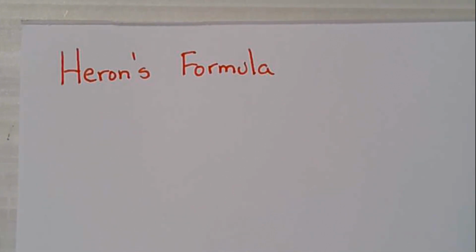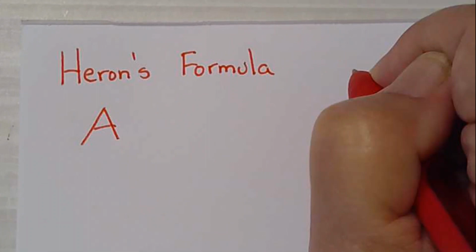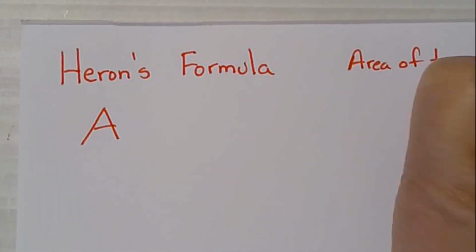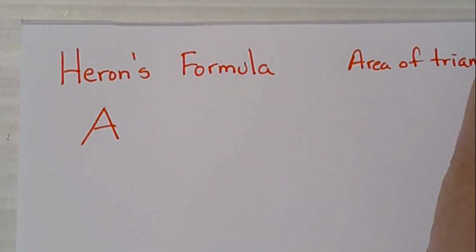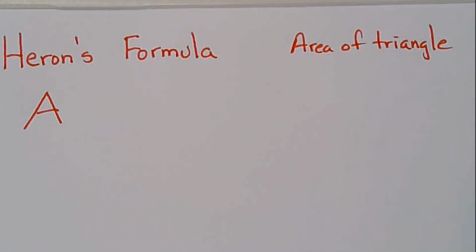So the formula goes like this. Capital A for area. Let me write over here. This is the area of a triangle. The formula goes like this.